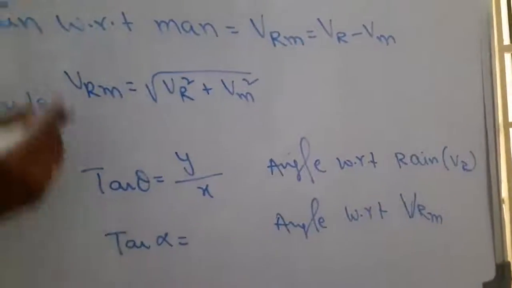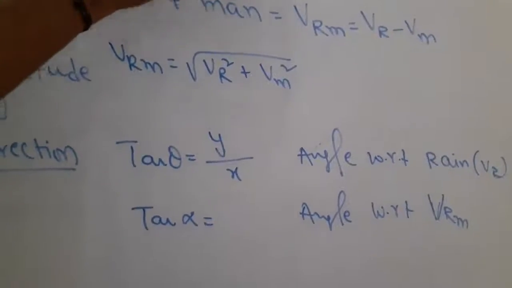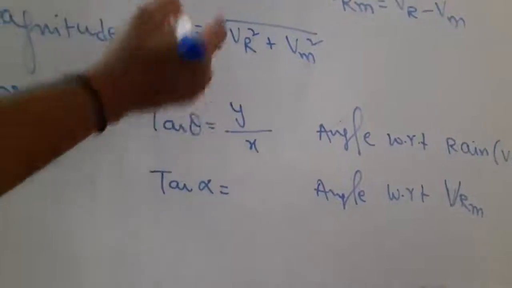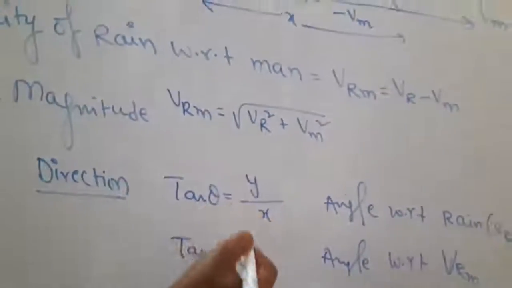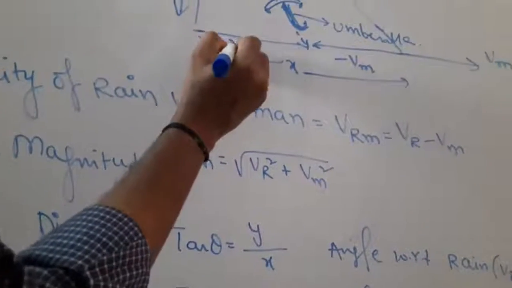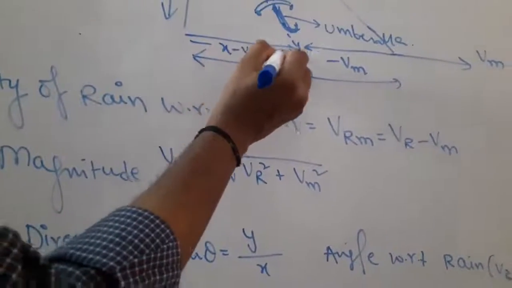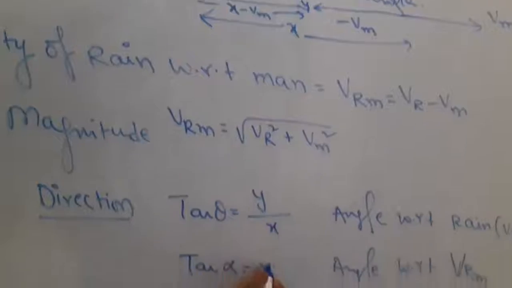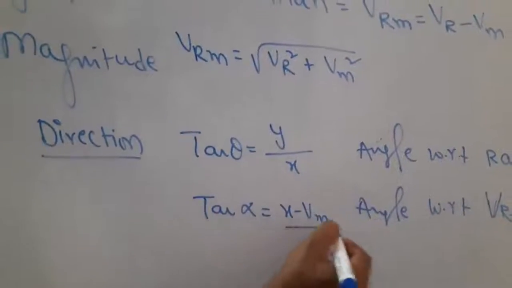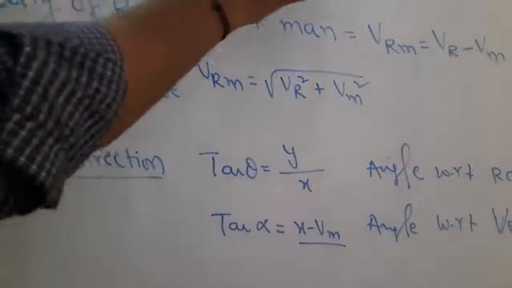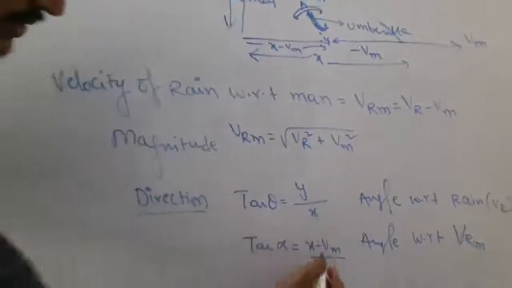So therefore tan alpha is equal to opposite side, that is totally x minus Vm, divided by the adjacent side.